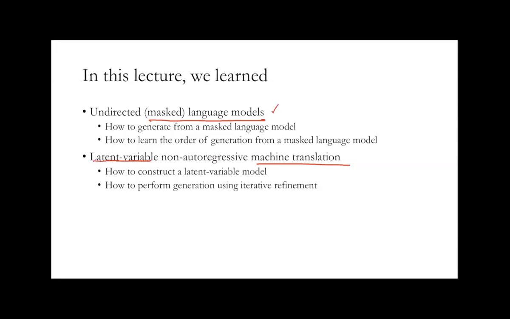Later today, we're going to have 2 lab sessions at which we're going to learn how to build these conversation models and use masked language models, not only for generation, but also to make a very simple factoid question answering system.